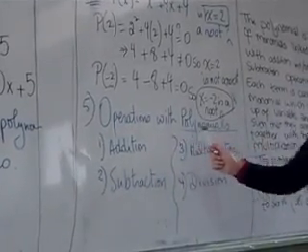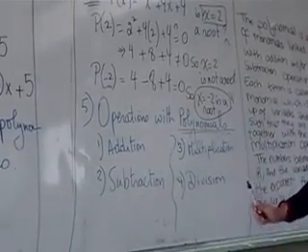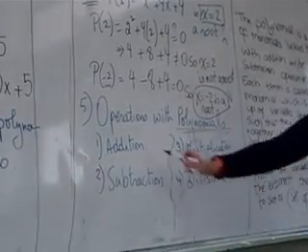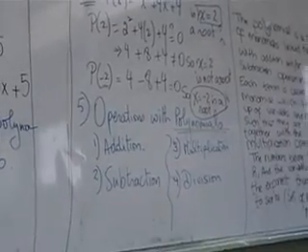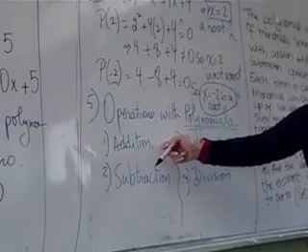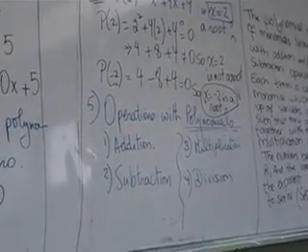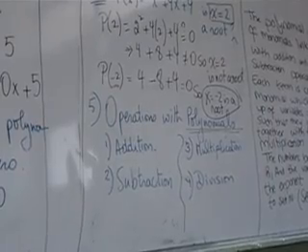Operations with polynomials: addition, subtraction, multiplication, and division. You can add two polynomials, it will give you another polynomial. You can subtract polynomials and also you will get a polynomial.